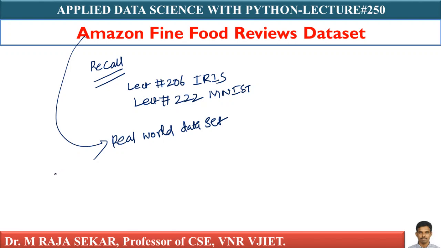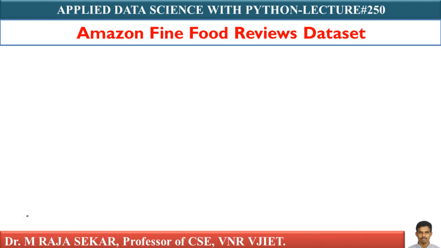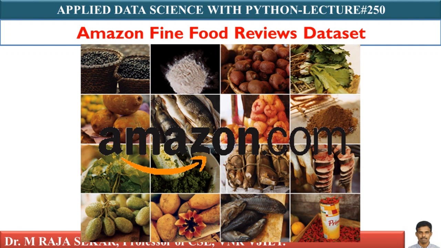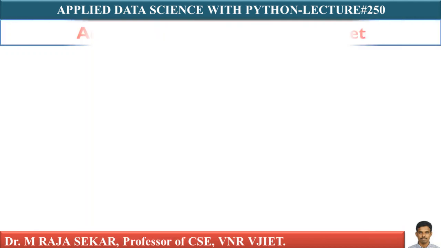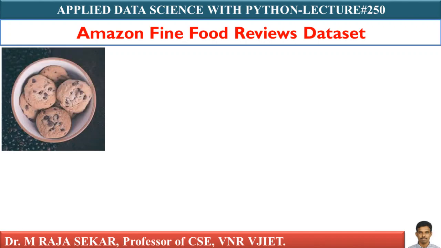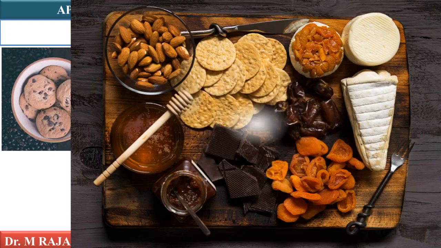We know that Amazon is one of the largest retailers in the world. This data set comes from the reviews of fine food products. For products on Amazon.com, we have reviews of customers.